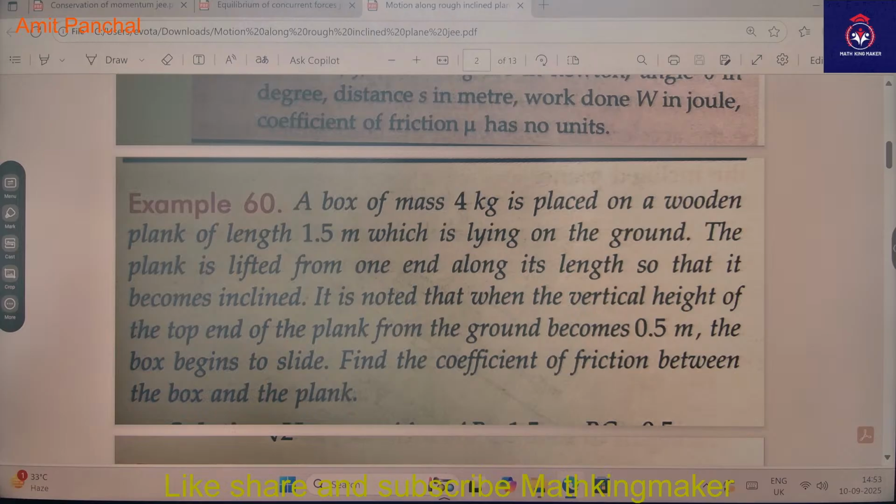Yes. You just make a free body diagram. First of all you need to make an FBD.